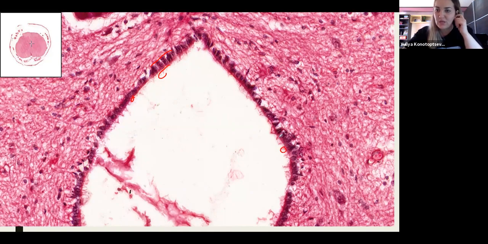Some do, some do not. So these cells that do not possess the cilia, they possess the microvilli. So it's correct to choose in the exam that ependymal cells of the central canal of the spinal cord possess both cilia and microvilli. So some cells have cilia, some have microvilli.